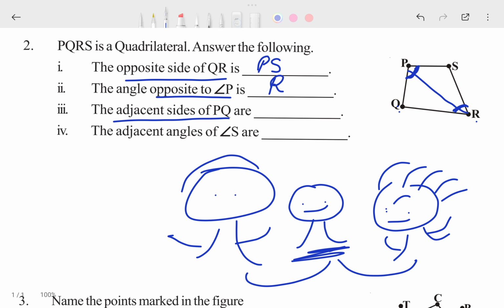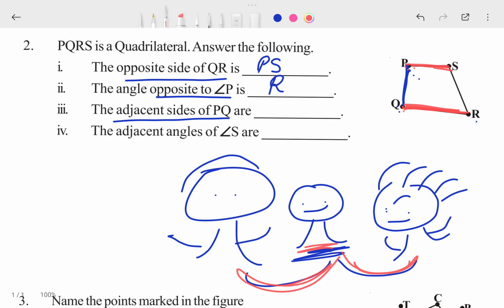Like that, this is P and Q, and this line is adjacent to the lines meeting towards R and also S. Adjacent means the nearest line segment.